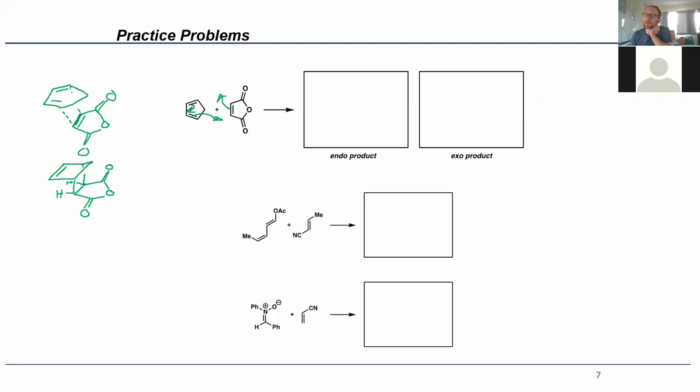Which shows us that the bridge here is on the same side as the groups. So the exo product would look like this. So if the methylene bridge is up, we see also that the 5-membered ring is up.